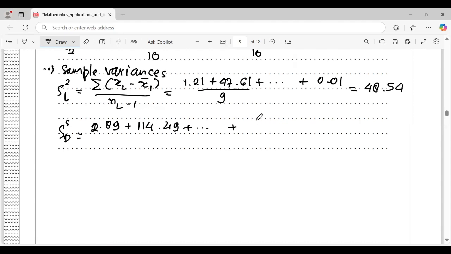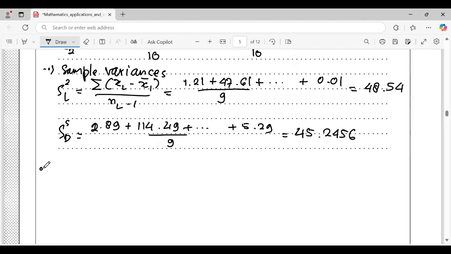The last is 5.29, divided by 9 because 10 minus 1. And the result is 45.2456.